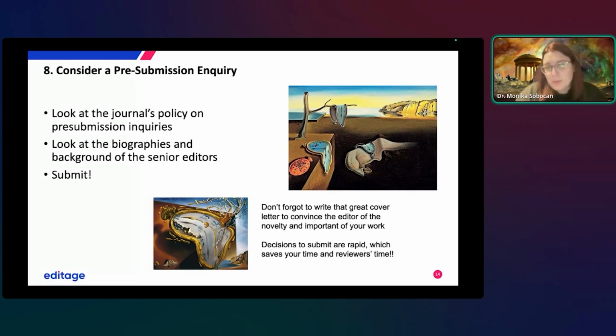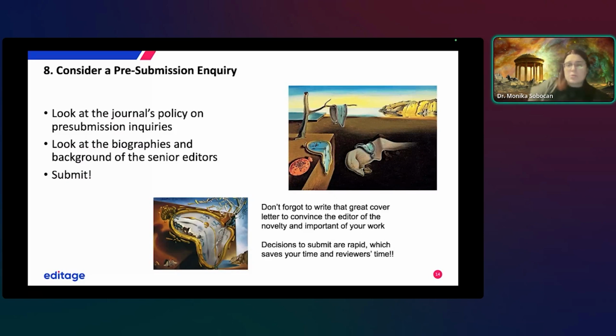So consider a pre-submission inquiry, and that inquiry should be really talking about what your manuscript is about, and at the same time, if this fits the journal. This is usually not an invitation that this will go to further review, but at the same time, it might be worth considering because it saves you time if it's totally wrong, so you do not get the desk rejection.